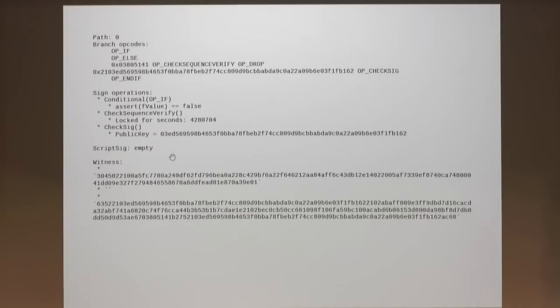We'd see that there's some conditional IF, and we'd need to make sure the value pushed into vfExec was false, so that we get the intended outcome of flow control. Next is check sequence verify, where the software parsing could tell what the TX input sequence needed to be, and then which public key.